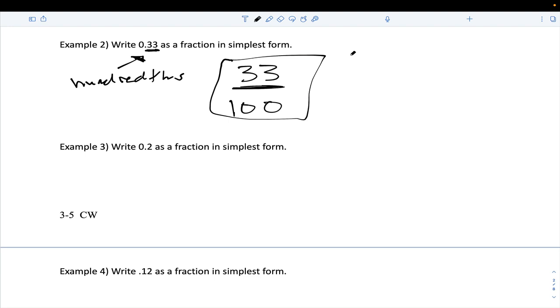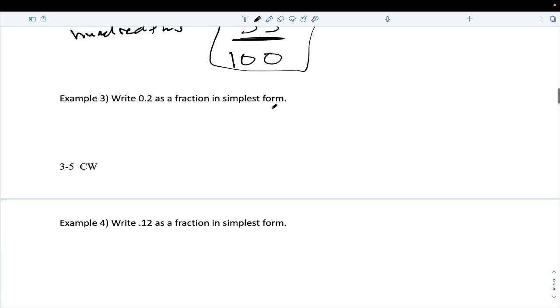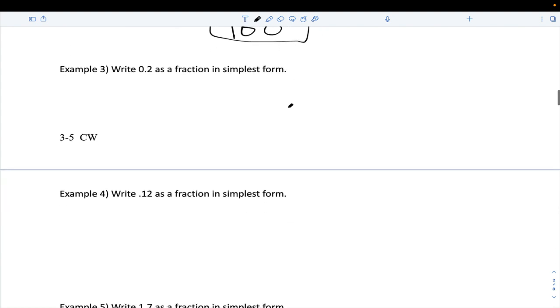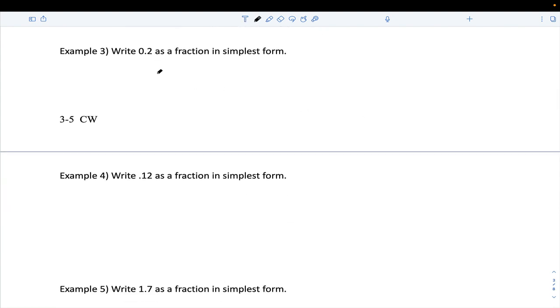Give me a thumb up if I can simplify it, a thumb down if I can't. Show me what you think. Hands down, Heather, what do you think? Yeah, 100 divided by 3 won't work. 3 times something can't get to 100, so we're going to pause, circle it, and move on. That's your answer.